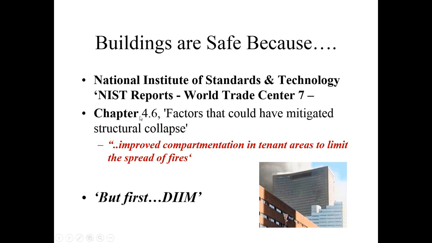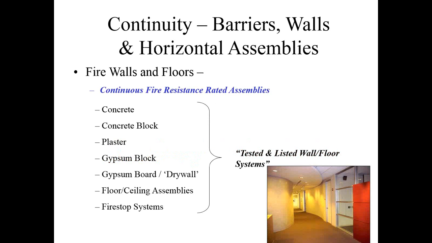In Chapter 4.6 of their report, it says factors that could have mitigated the structural collapse were improved compartmentation in tenant areas to limit the spread of fires. Got to be careful how you interpret that. Does that mean that maybe we build compartment areas of 10,000 square feet or less in order to slow the spread of fire? That might have been a way to do that and have the standards help with the code.